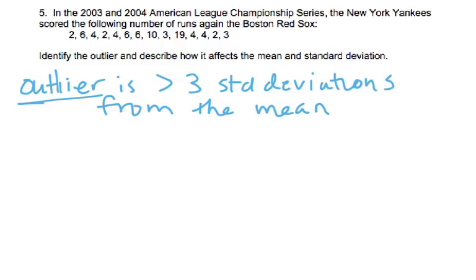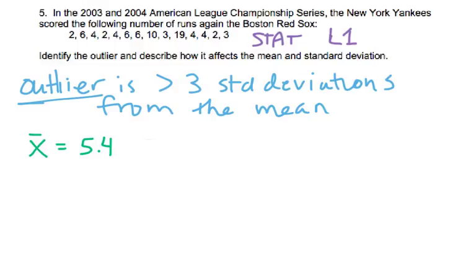We need to first find the standard deviation. We're going to do this one on our calculator. You're going to put all your numbers into the stat function, into L1. You need to delete anything else out of L2.